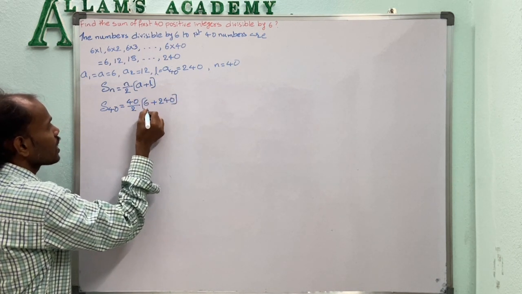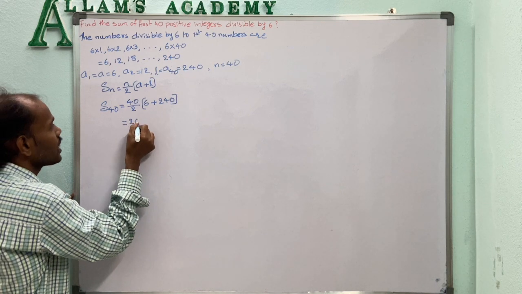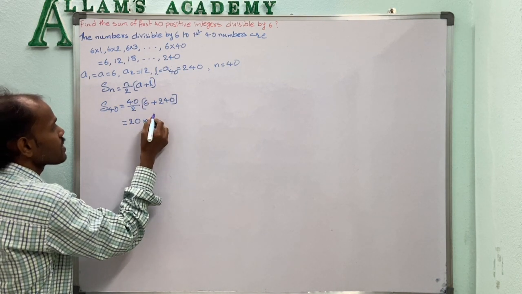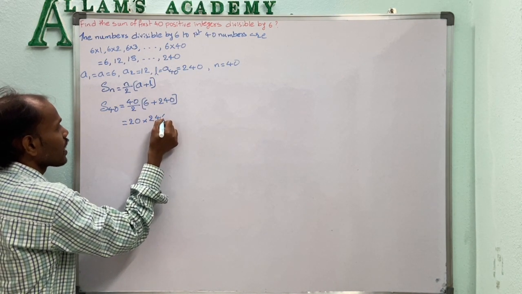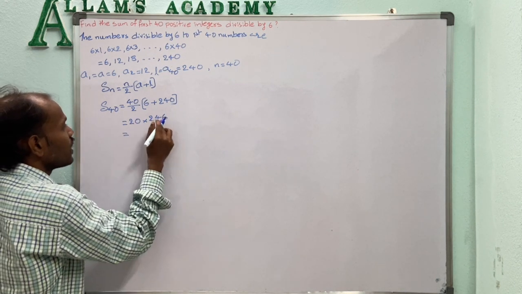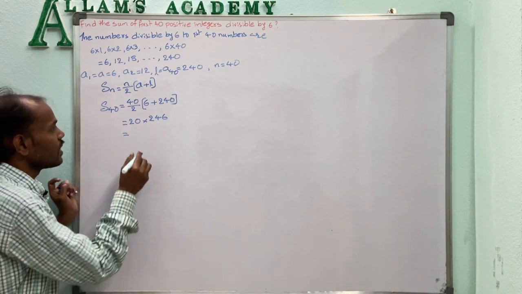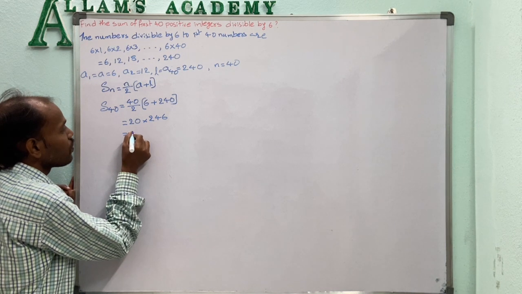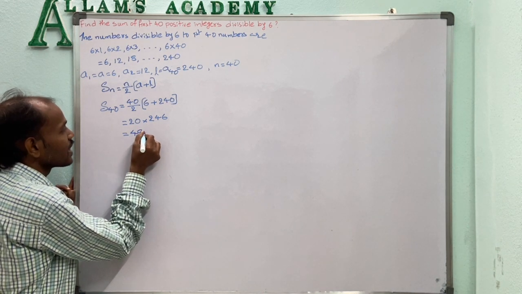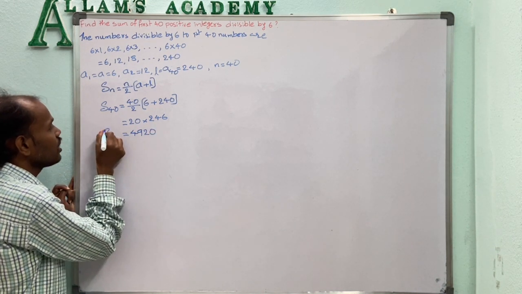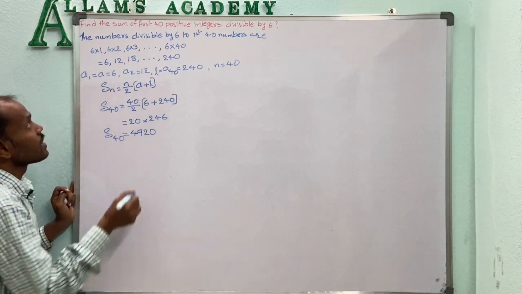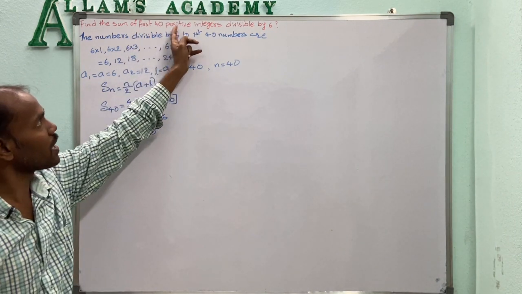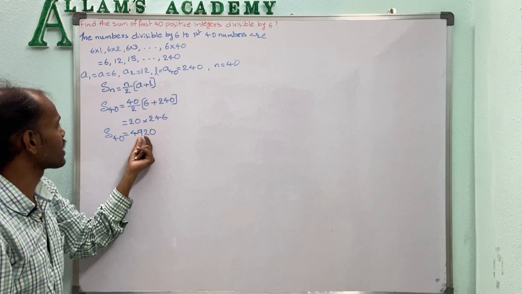So 40 by 2 is nothing but 20 into 240 plus 6, equal to 246. So 20 into 246 is nothing but 4920. So the sum of the first 40 positive integers divisible by 6 is 4920.